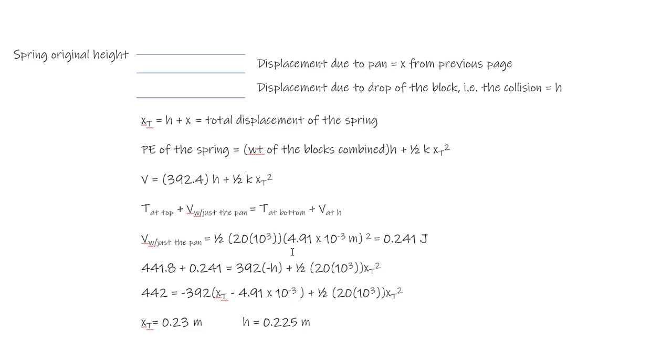And we've got our energy that's there. And so we'll end up doing this calculation, solving for our x total, but we have our height right here, and we can show that the total deflection is equal to 0.23 meters, and the height is equal to 0.225 meters.